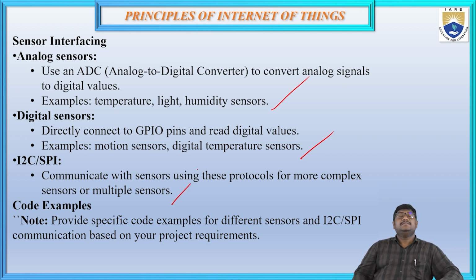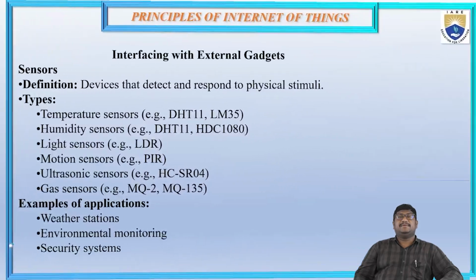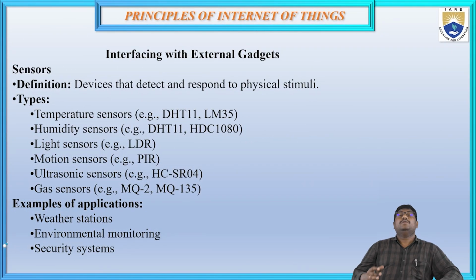The code examples here are specific code examples for different kinds of sensors and I2C and SPI communications, based on your project requirements. And now, how am I going to interface with external gadgets by using sensors.